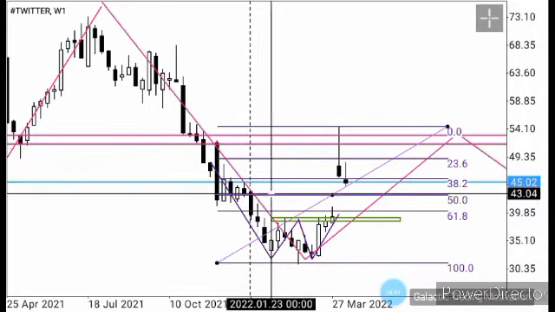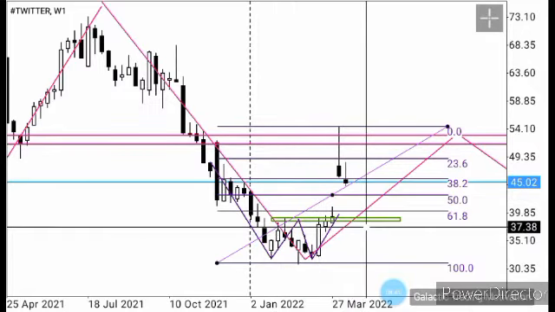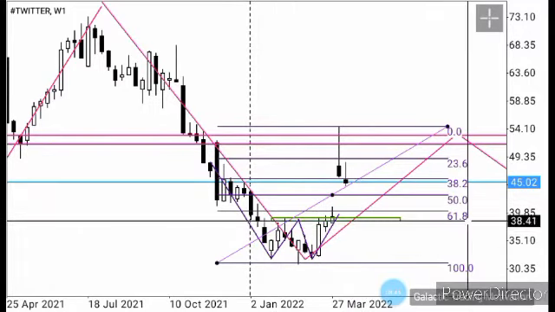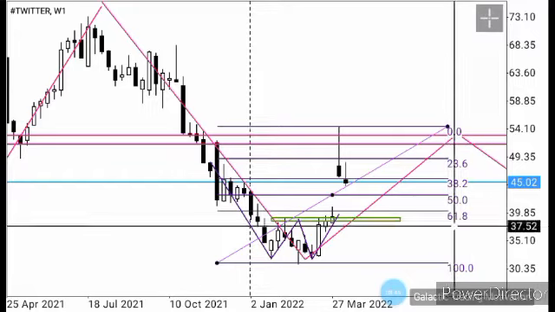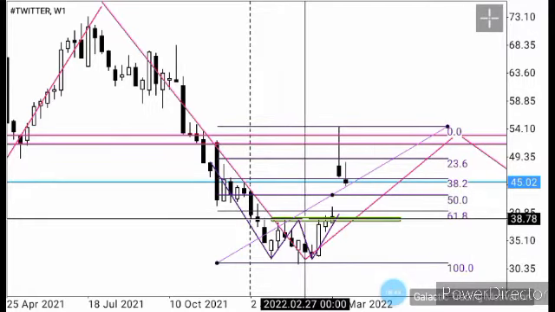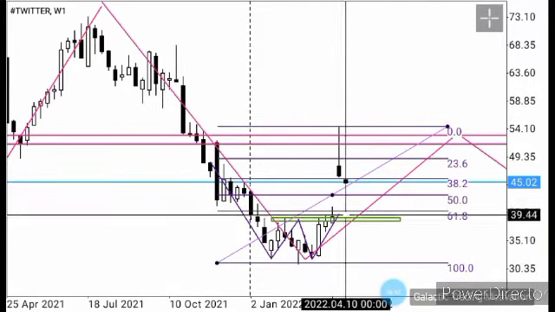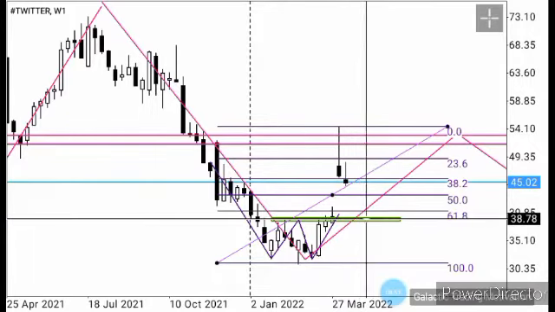We can see that actually the neckline is in the area of the 61.8% Fibonacci retracement area. So this is a very good area, it's a very strong area, and we might see a retracement at this level.